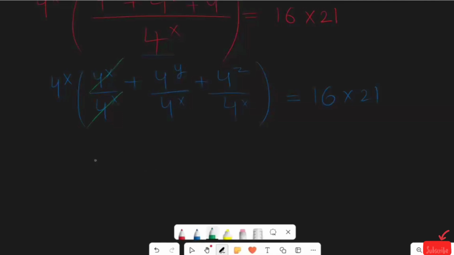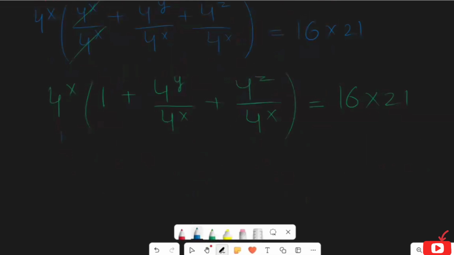So the remaining expression we get is 4 to the power of x, bracket, 1 plus 4 to the power of y over 4 to the power of x plus 4 to the power of z over 4 to the power of x, bracket, is equal to 16 times 21.